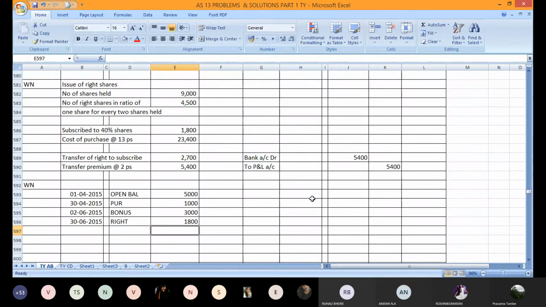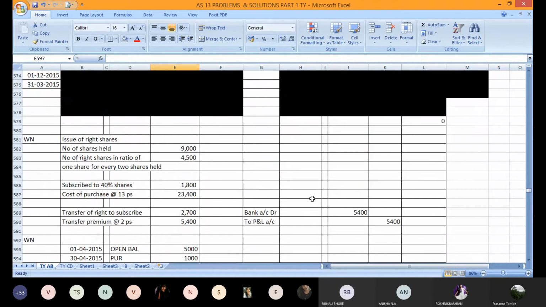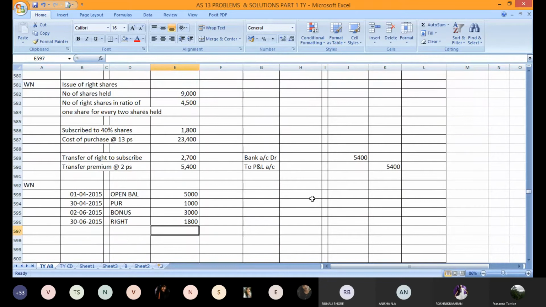Right? Is that correct up to this? These are the number of shares. Okay. Now the company is paying you a dividend of 2 rupees per share. Okay. So on the opening balance of 5,000, you will get a dividend of 2 rupees per share.